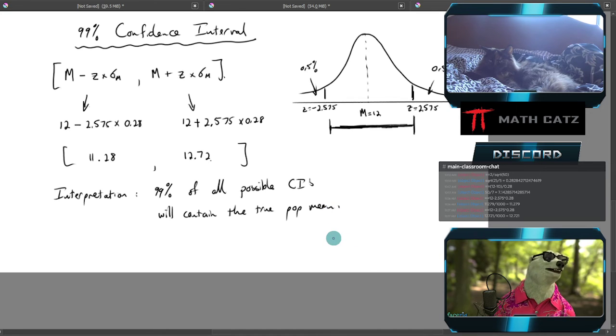Now, in a more casual, slightly less technical interpretation that at this level I'm okay with, you could say that there's a 99% probability that this confidence interval contains the true population mean.